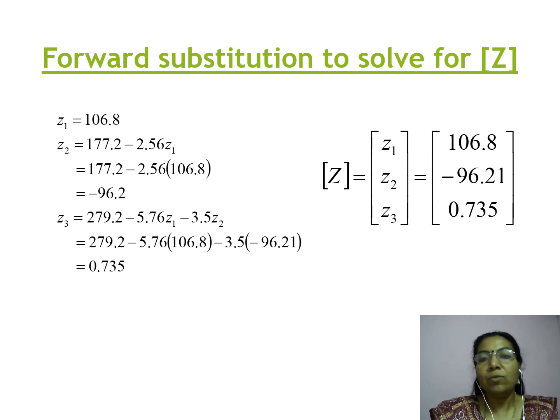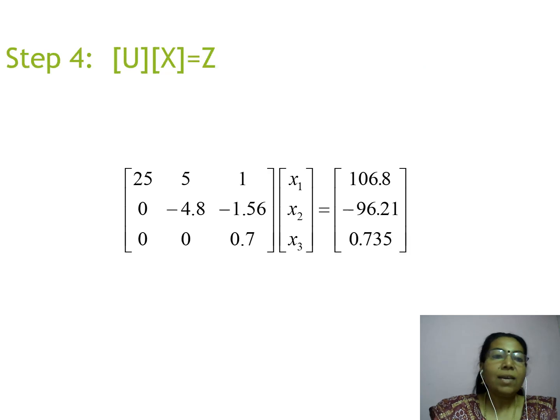We get Z1 as 106.8, the value of Z2 is minus 96.21 and the value of Z3 is 0.735. Now, in the same way, we find the x values. We follow step 4 using the formula UX = Z.